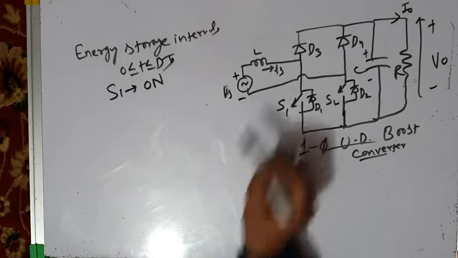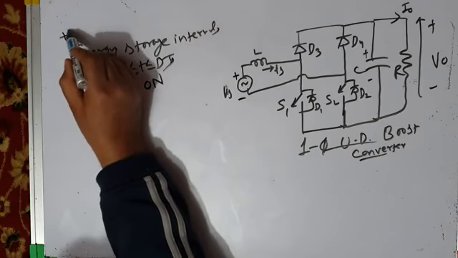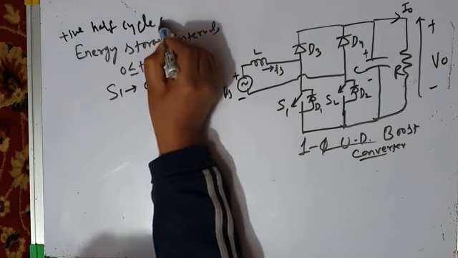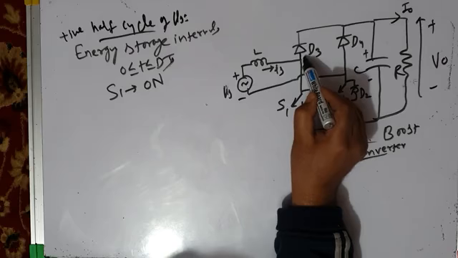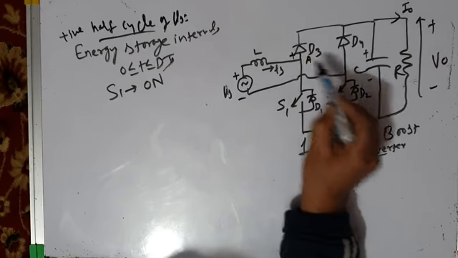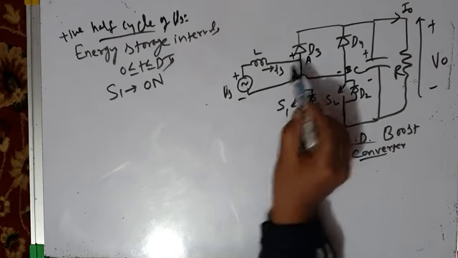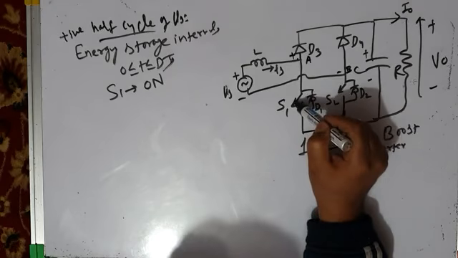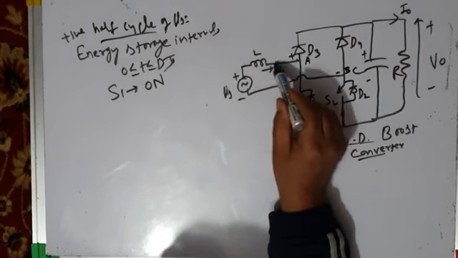Let us take the positive half cycle of source voltage. During the positive half cycle, terminal A is positive with respect to terminal B. I mean, this is plus, this is minus. When the control pulse is given to switch S1, current will flow like this. This is the energy storage interval.